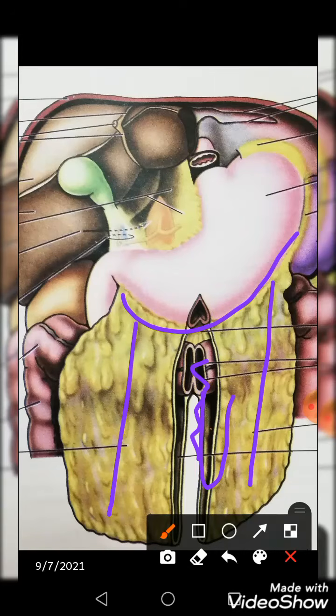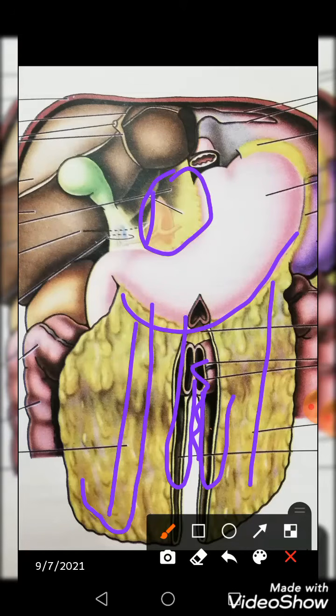We should know that its first layer goes downwards and becomes the 4th layer, and its inner second layer becomes the 3rd layer when it touches the transverse colon. And here lies the lesser sac, and this is the area of the epiploic foramen, and we have to discuss its boundaries, right?